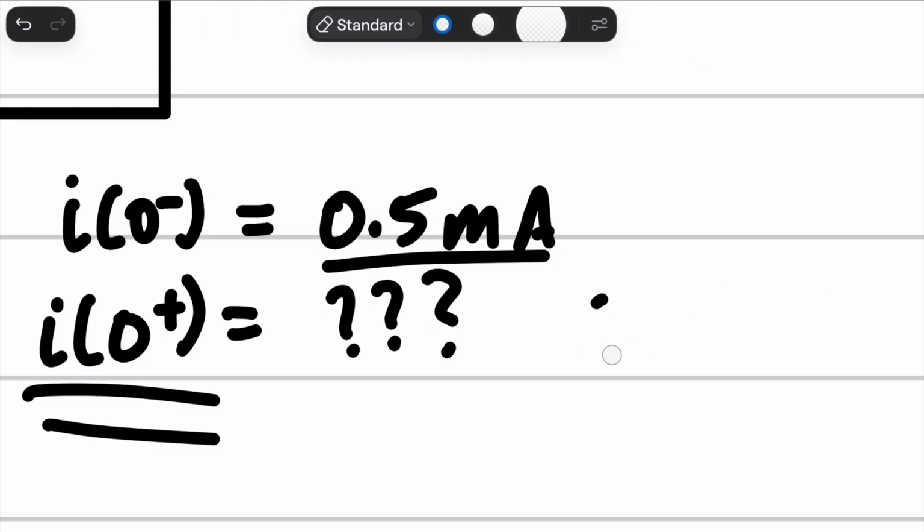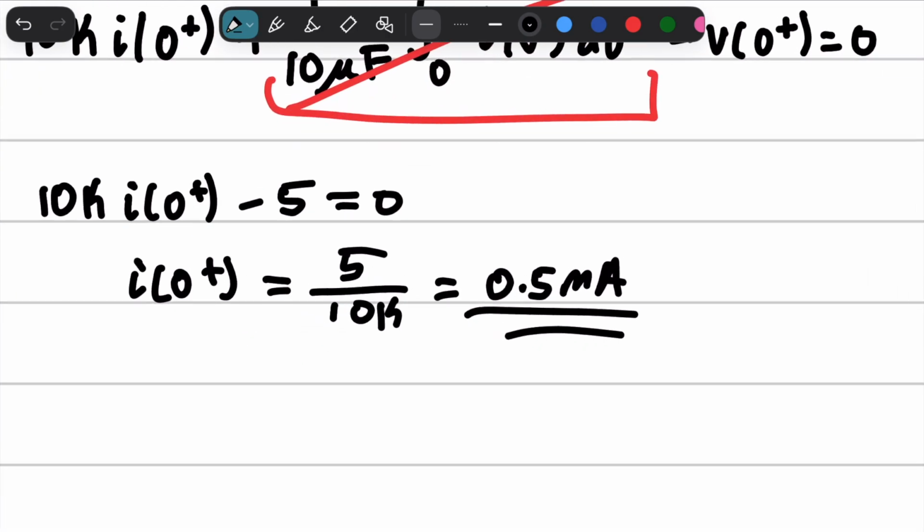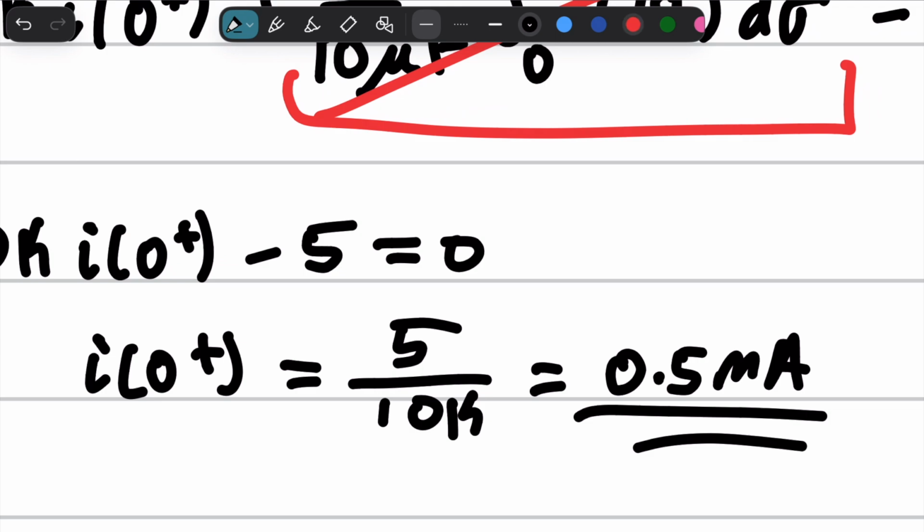I don't know what kind of configuration would make that, but that's totally possible. And we're going to see some problems like that in later videos. I'm going to do a ton of differential equation, time-varying component problems. But this one is just a simple example so that you can make sure that you don't make this mistake right here.